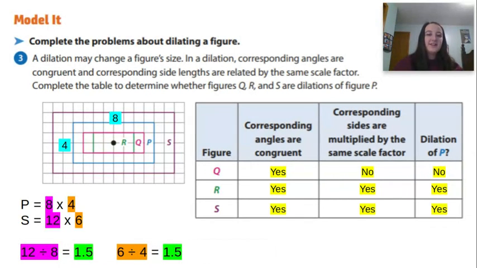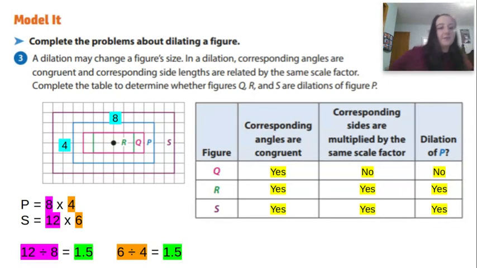Lastly, figure S is 12 units long this way by 8 units long this way. So we take our new length, 12, divided by our original 8, which is 1.5, and we do our new 8 divided by our original 4, which is also 1.5.